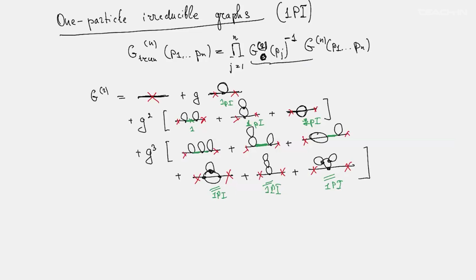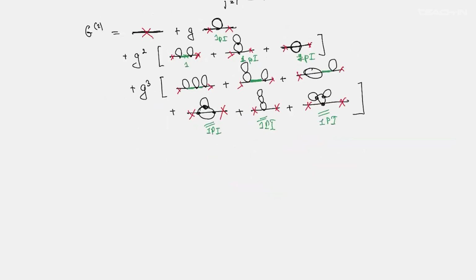Now introduce the sum of all one particle irreducible graphs. I call this sum of all one particle irreducible graphs the proper self-energy. I give a term for this.